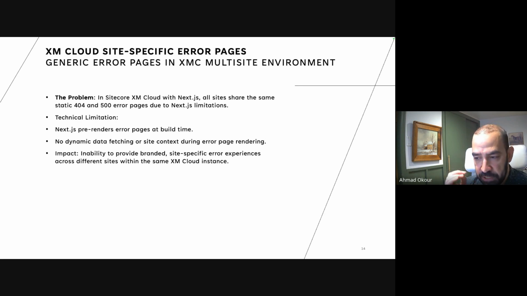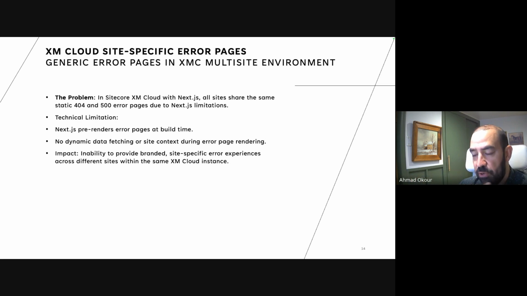But for error pages, it only gets built at build time, and you only have one version of it in every language for all of the sites. So if you have 5 sites, you're going to have the same error page in a specific language for all of them. So you're going to have to share the branding with all of these sites.